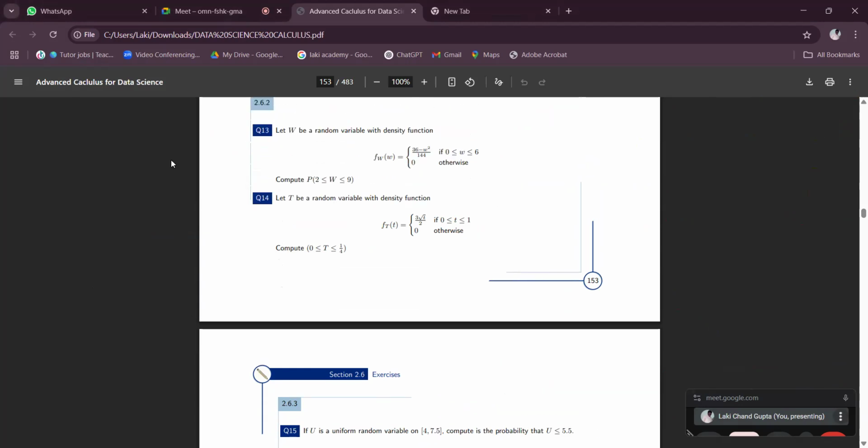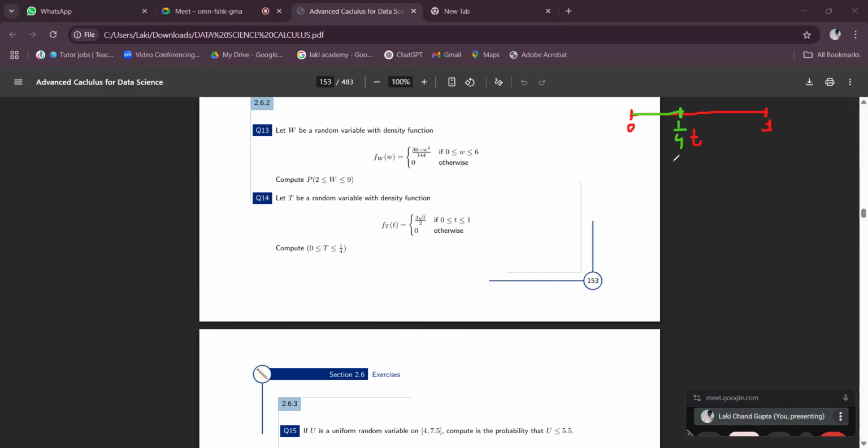See this question. The range of t is what? 0 to 1, right? But you are asked to find 0 to 1 by 4.